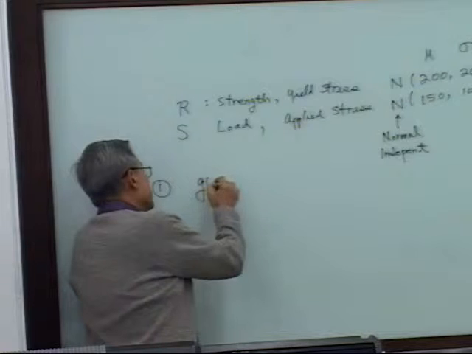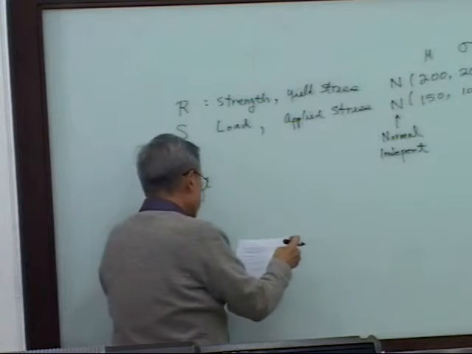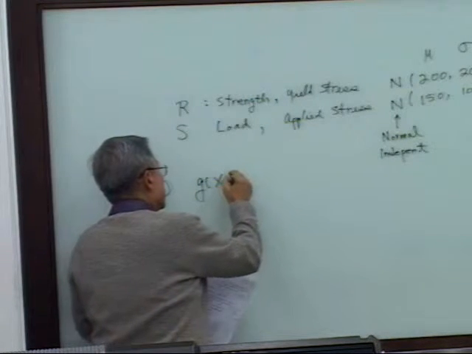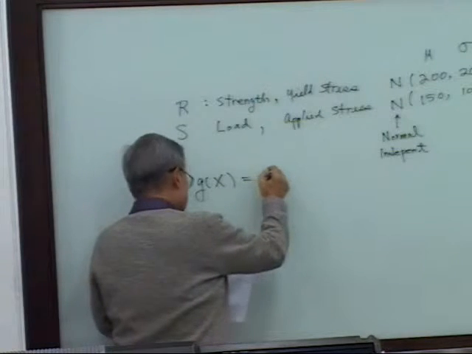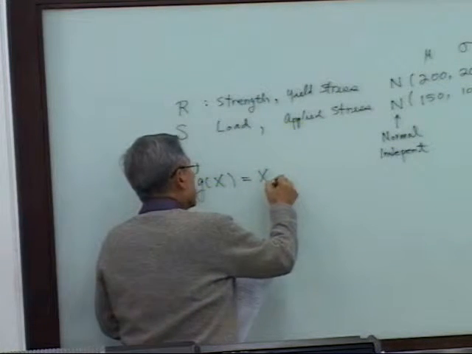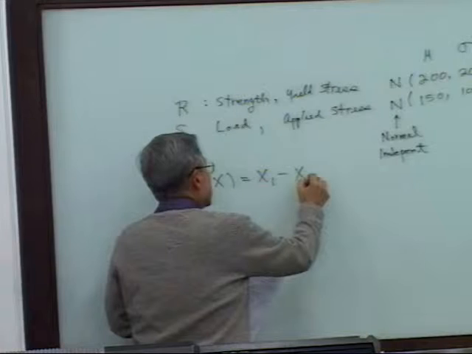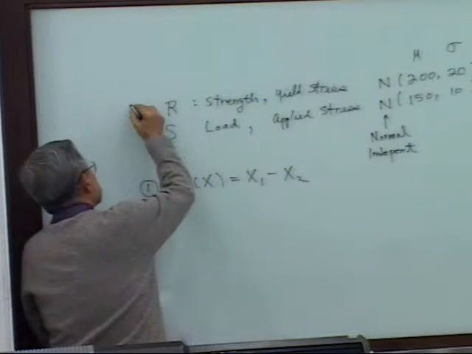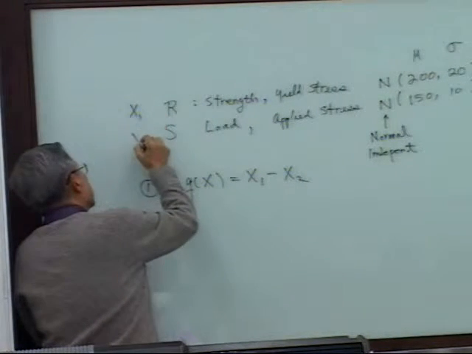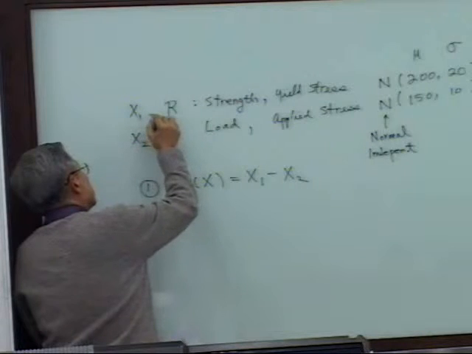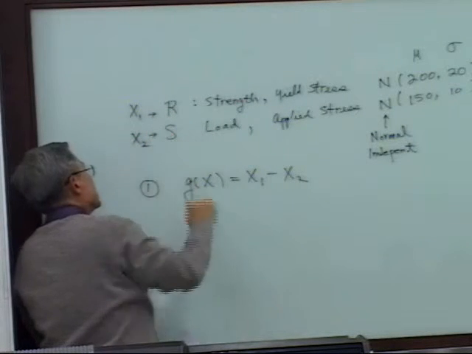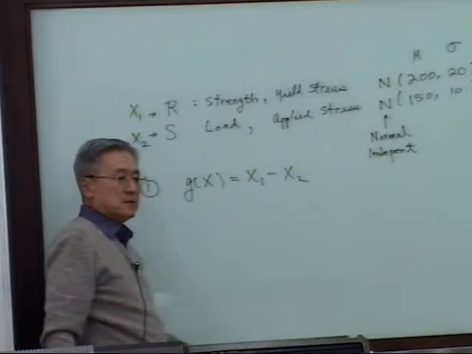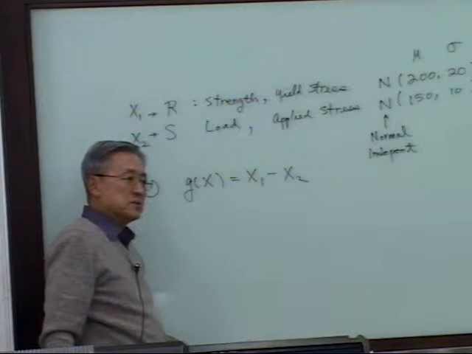And the performance function g(x) is equal to x1 minus x2. Here we use x1 and x2. In reality, it's like the strength and the load in the engineering sense.